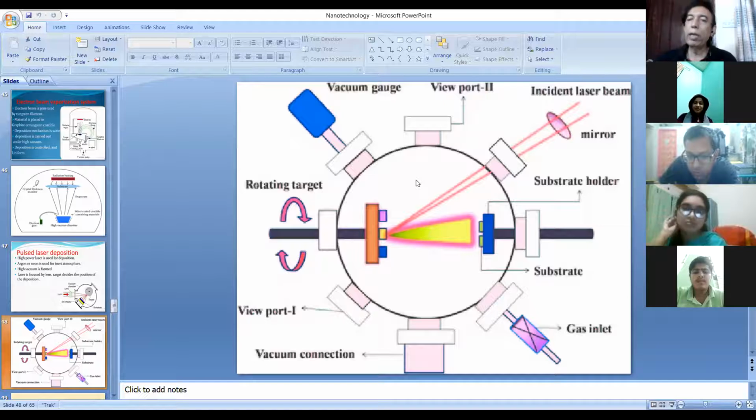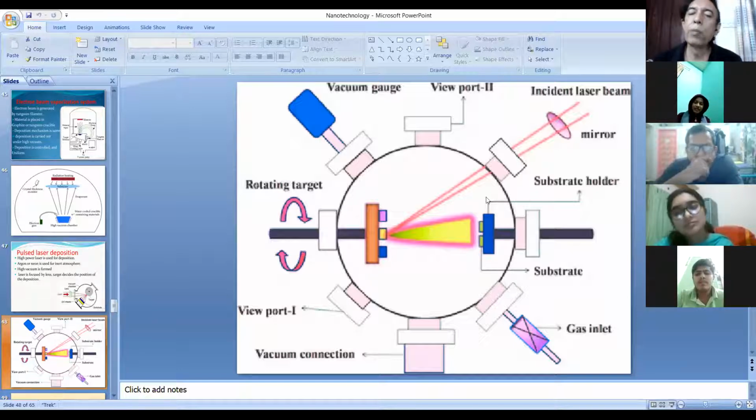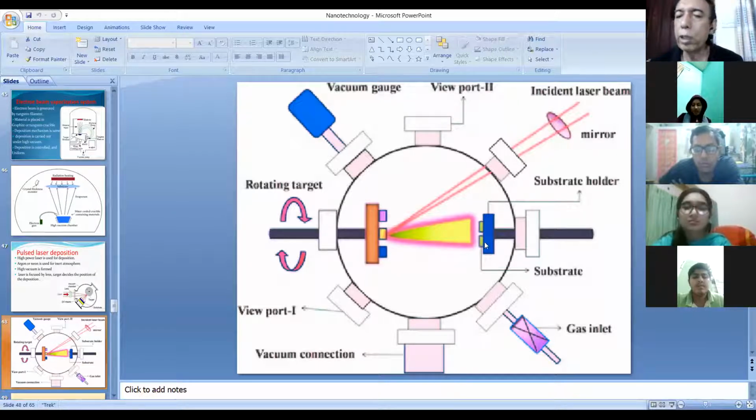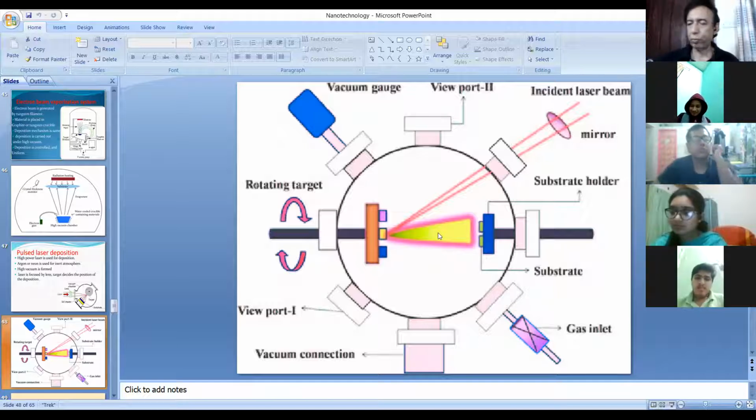Now, if vacuum is there, then the gaseous aluminum molecule will travel from here to here. If it is high vacuum, then the mean free path will become larger. Now, if there are some molecules here, if it is not highly vacuumed, then the gaseous molecule cannot go here because its mean free path becomes less. Why less?